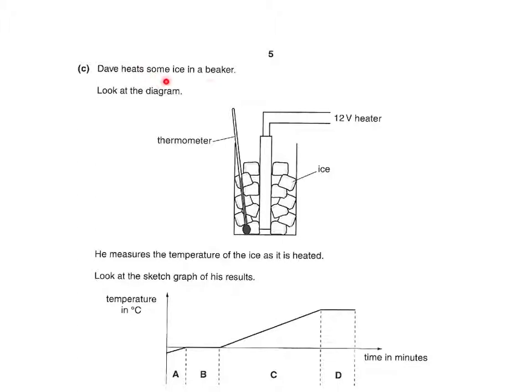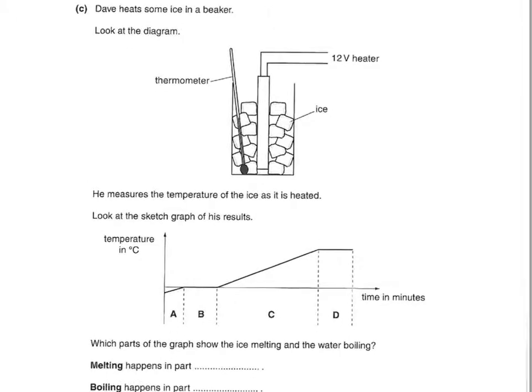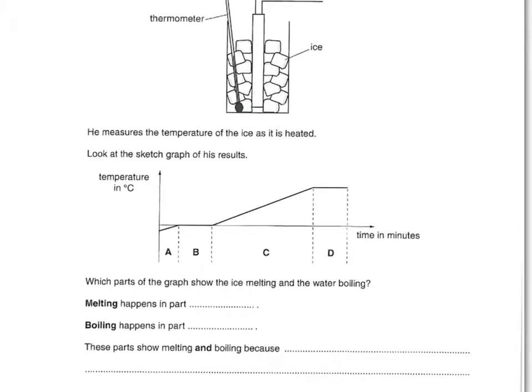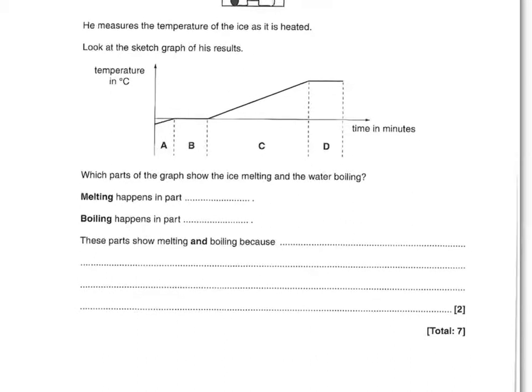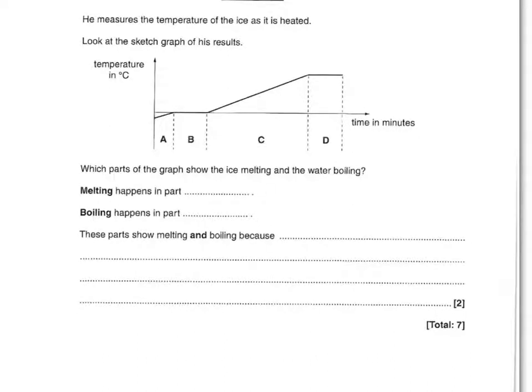Next question says, Dave heats some ice in a beaker. Look at the diagram. There it is. It says he measures the temperature of the ice as it is heated. Look at the sketch graph of his results. Which parts of the graph show the ice melting and the water boiling? So when water boils or melts, when it changes state, it doesn't change in temperature.